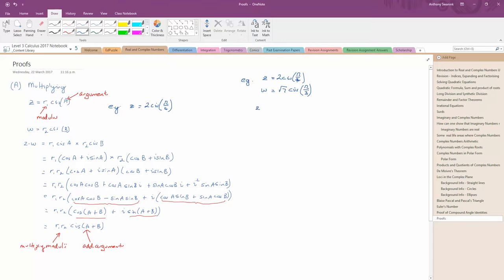Okay, so what would Z times W equal? Well, according to this end result, we simply multiply the two moduli, so 2 times root 7 is 2 root 7, and the arguments we're going to add, so pi over 4 plus pi over 3, and that is something we can simplify.